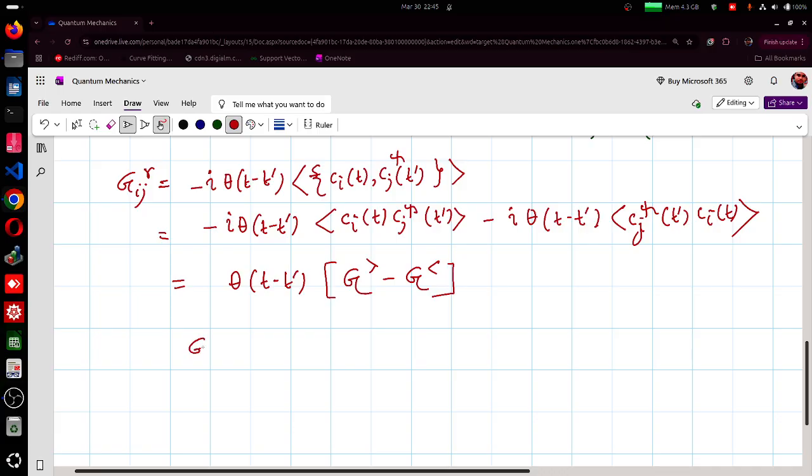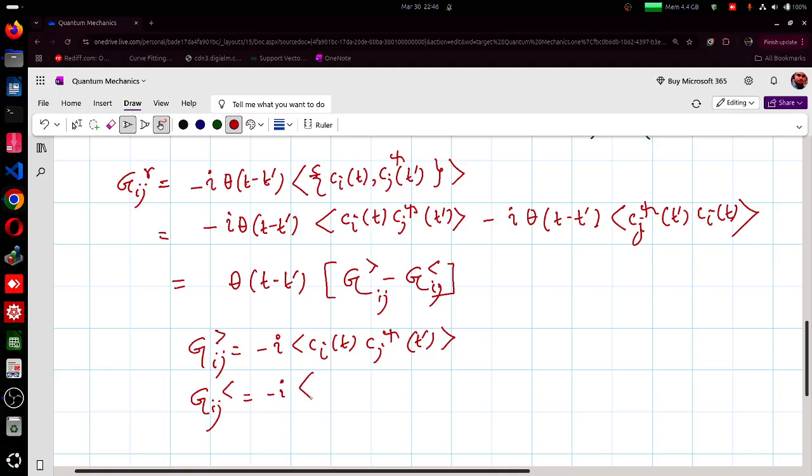So G greater is defined as minus iota c_i(t) c_j†(t'), basically also ij, and lesser means this one. Don't get confused between this i and this i. This is the imaginary i.